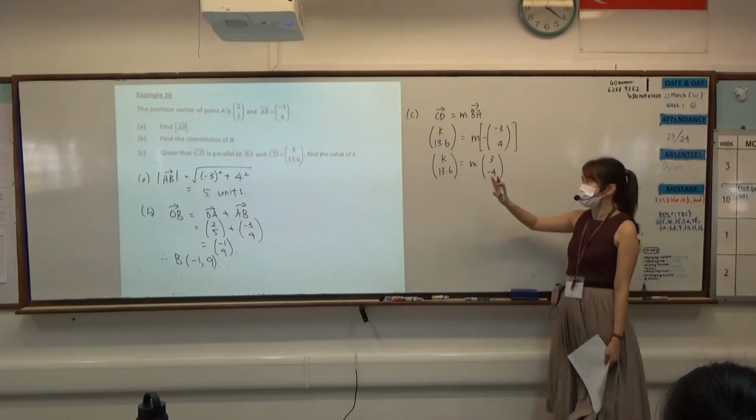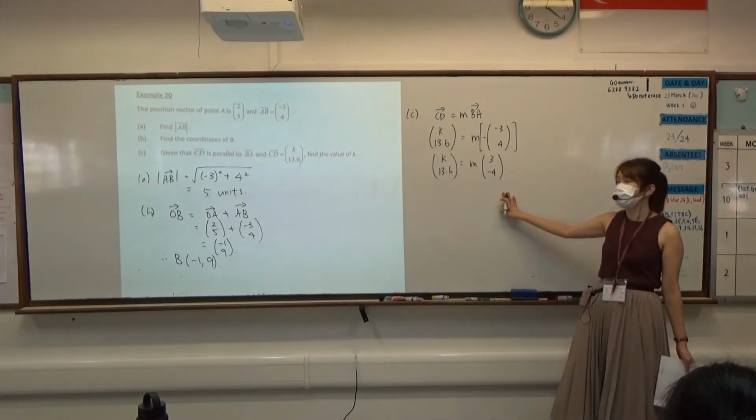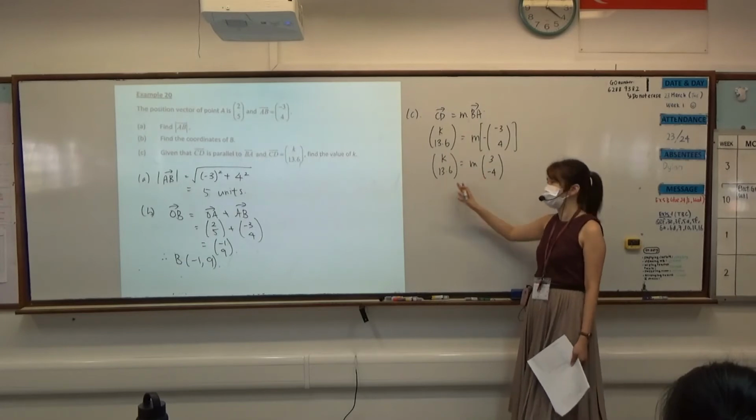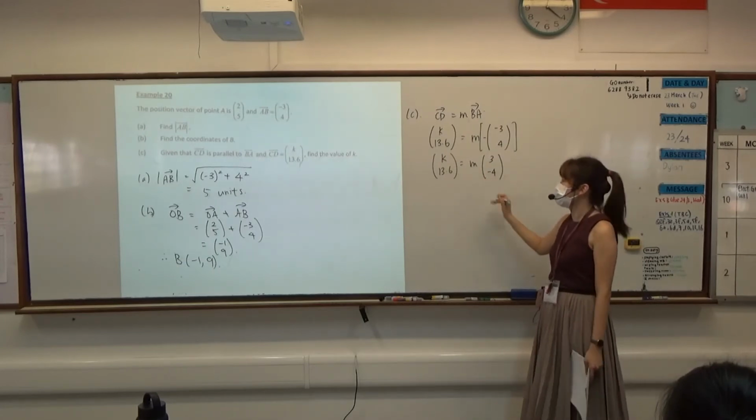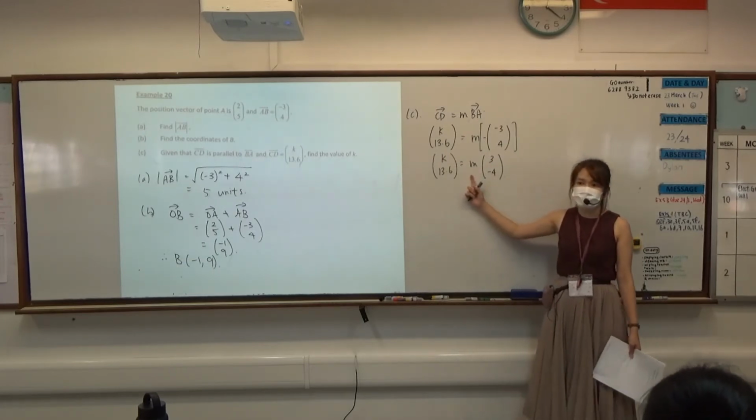So this is where CD being parallel to BA means that it is a scalar multiple of each other. So what we can do is figure out what is the value of M.